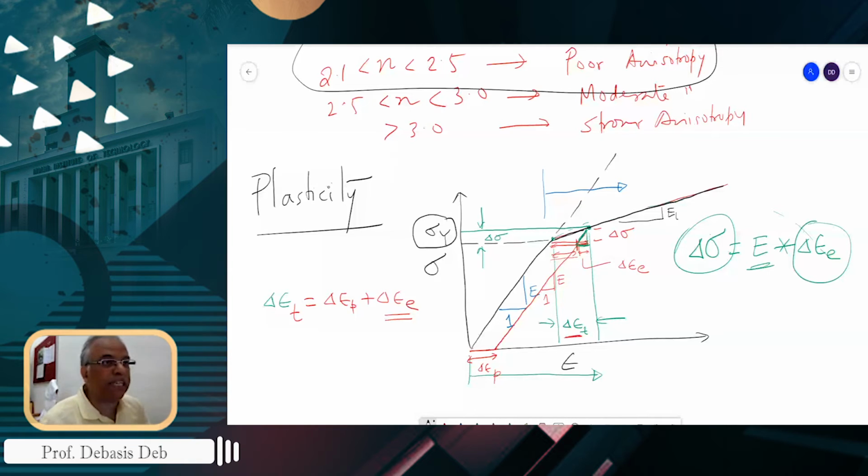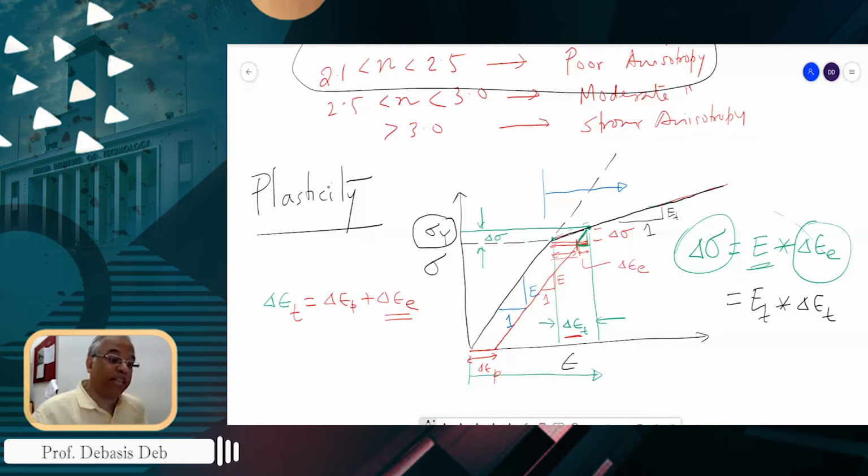This T is basically the tangential modulus we call. Now, if this is a tangential modulus, then I can also write ET into delta epsilon T. Do you agree with that?